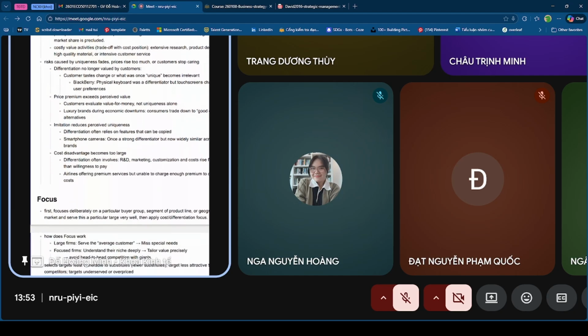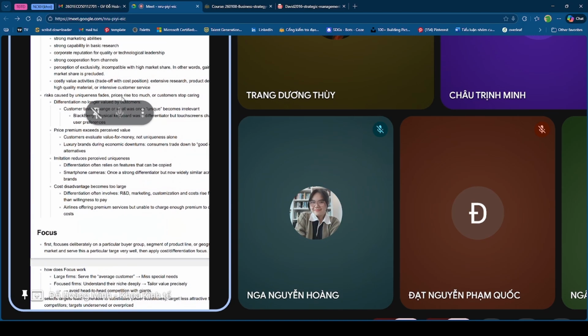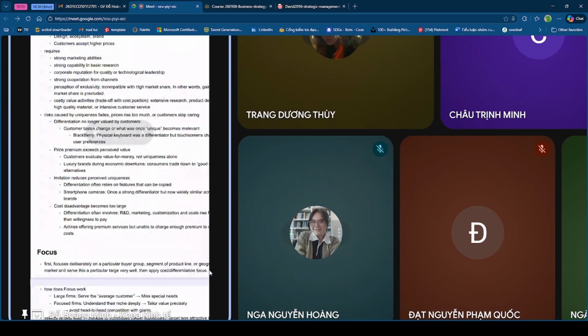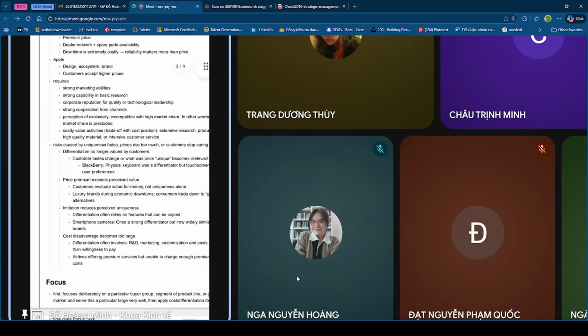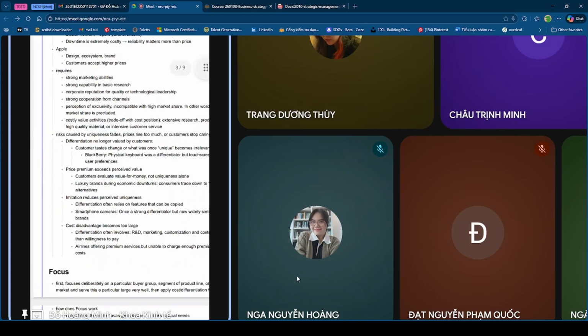And as you see, we have some risks associated with the differentiation advantage. The first one: differentiation is sometimes no longer valued by your customer, right?